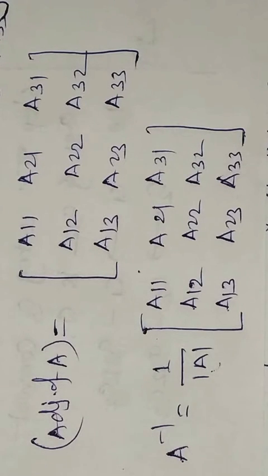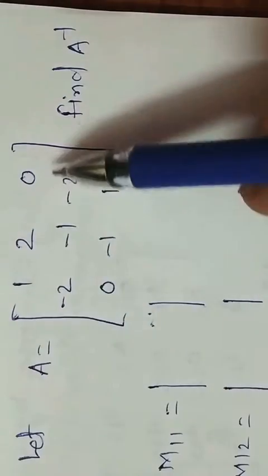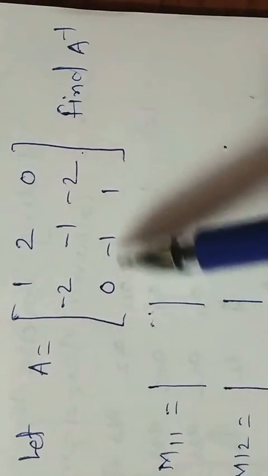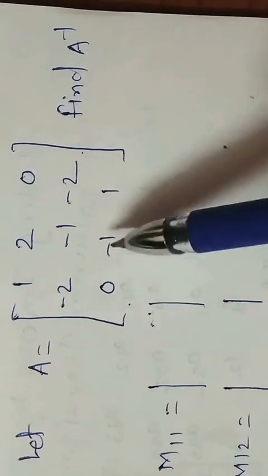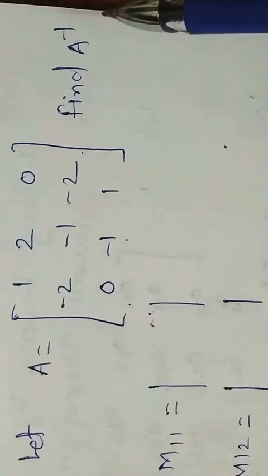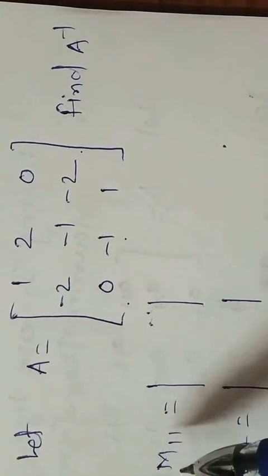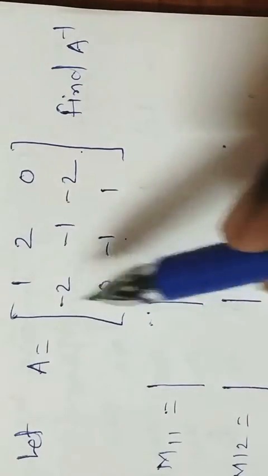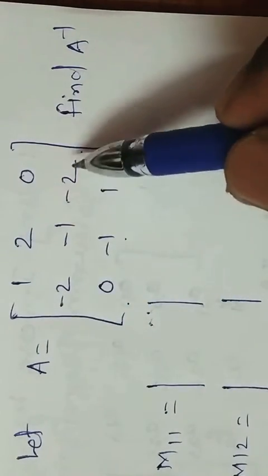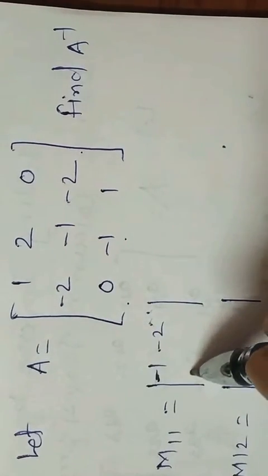Let me take the inverse with an example. The matrix A is 1 2 0, -2 -1 -2, 0 -1 1, and we want to find A inverse. Let me do it by the adjoint method. First find the minors. M11 means eliminating this row and column. So what remains? -1 -2, -1 1.